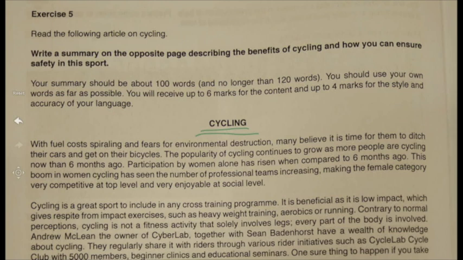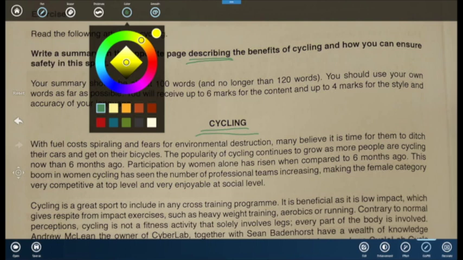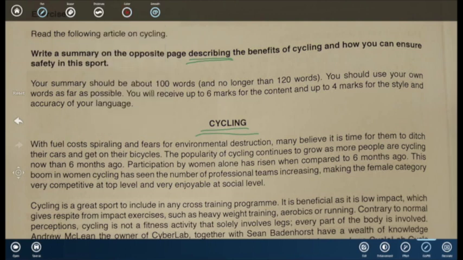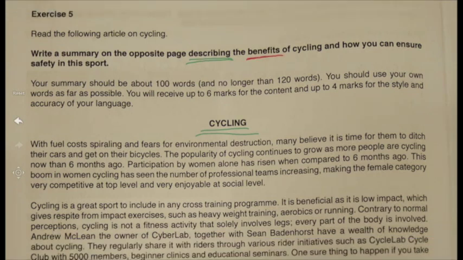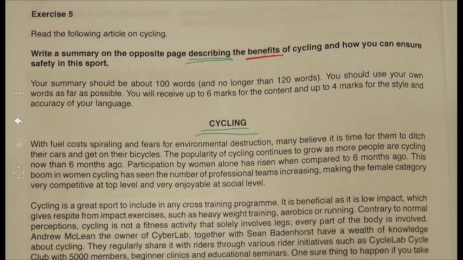So you are describing, all right? That's the command word. You have to describe. What do you describe? I want to do this. Use this color, red, for the first part. It's the benefits of cycling. That's the first part. You are describing what?